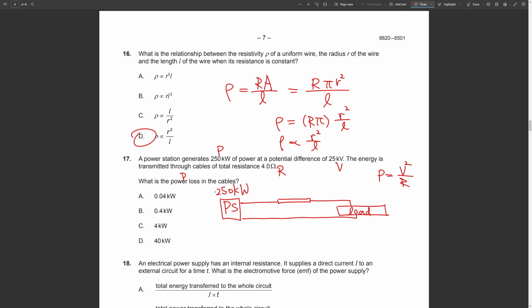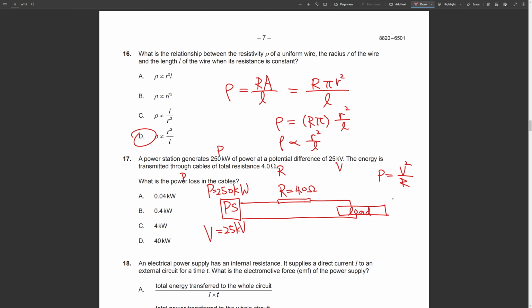Next, 4.0 ohm is the resistance of the very long transmission cable. Next, the potential difference of 25 kilovolts is also that of the power station.